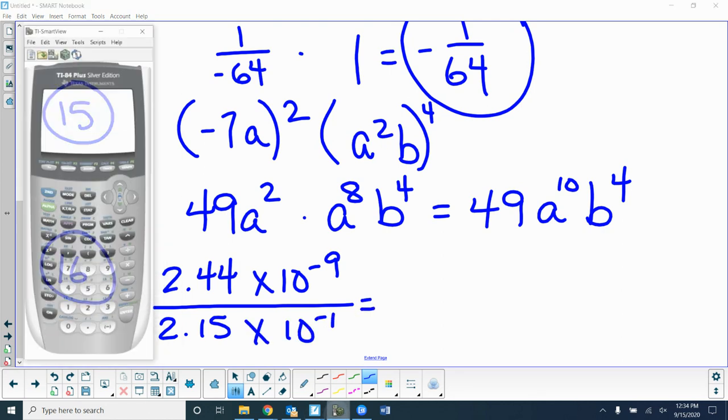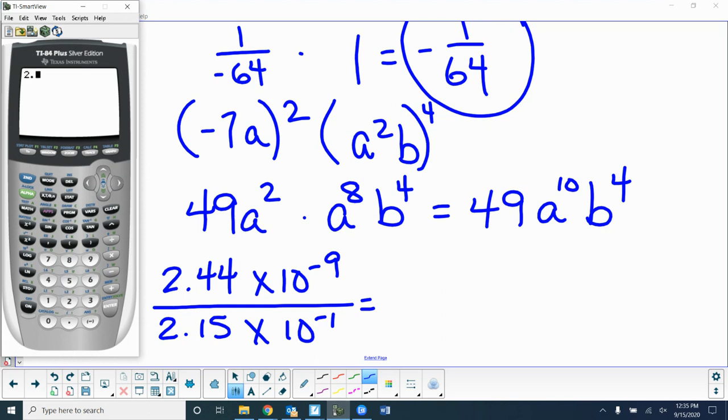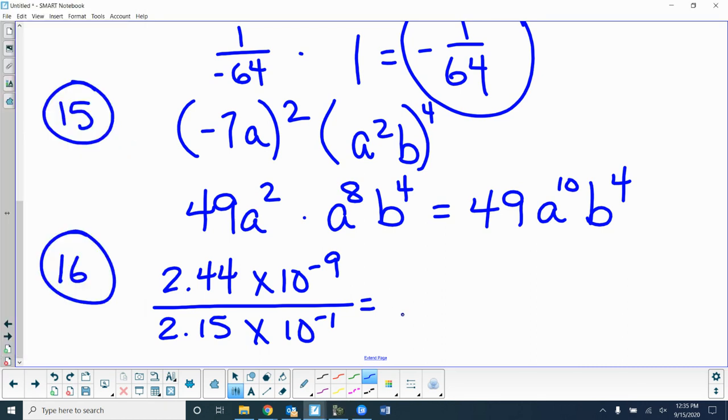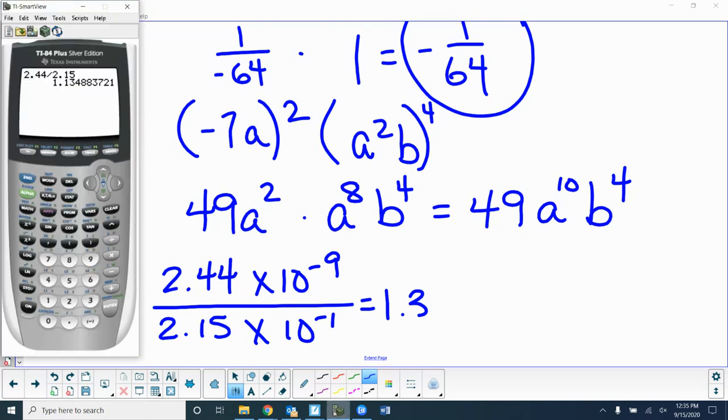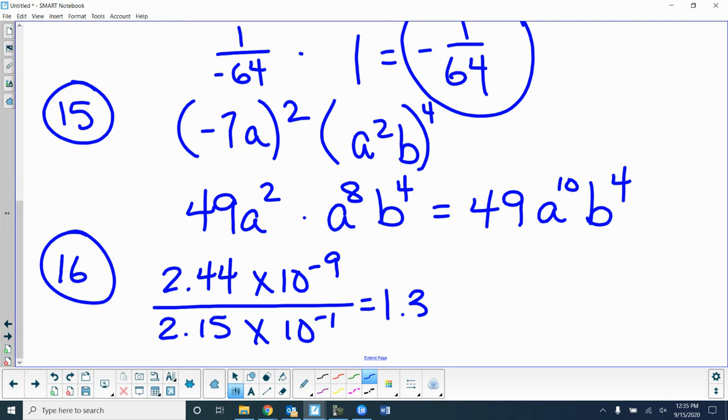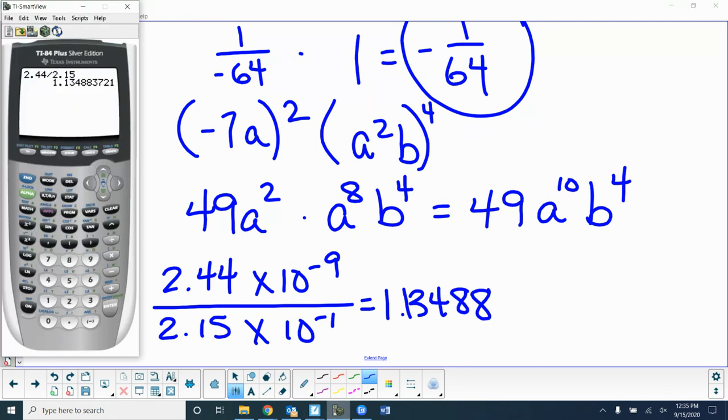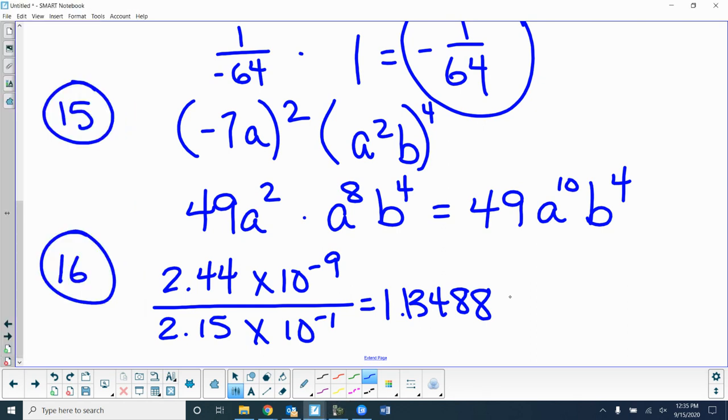So all I do is 2.44 divided by 2.15. 1.134, 1.3, not 1.3, is it? It is 1.3, sorry. 134, was it 8, 3721.